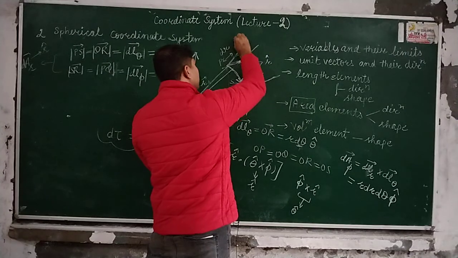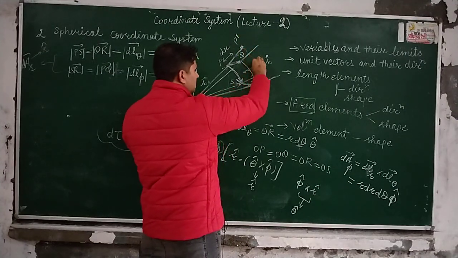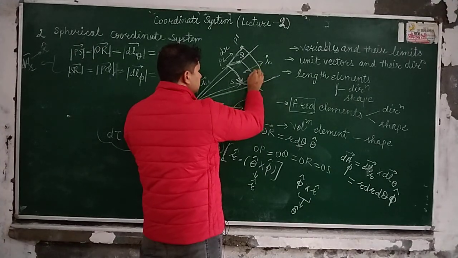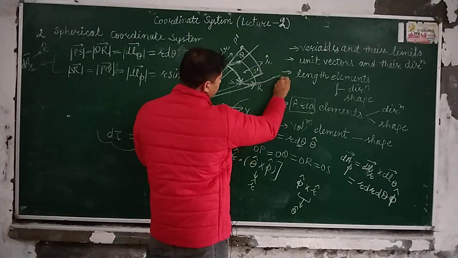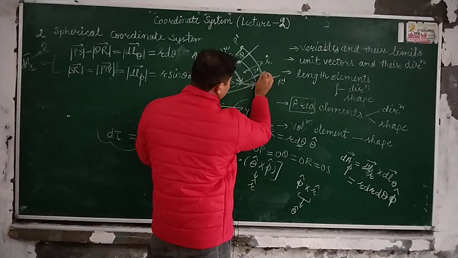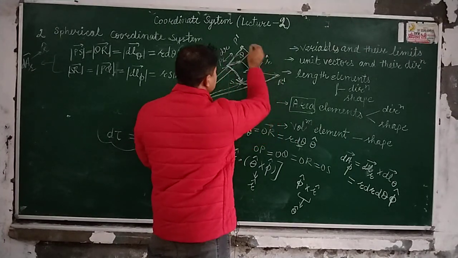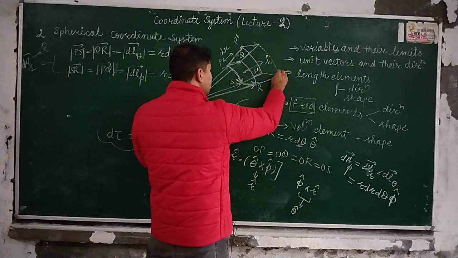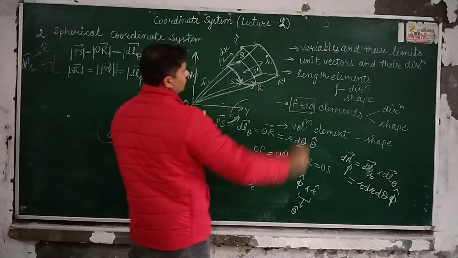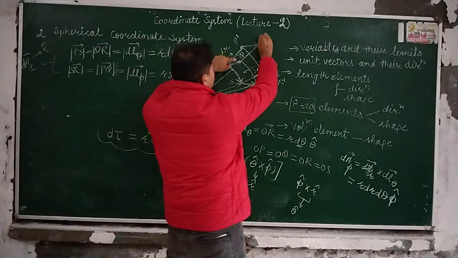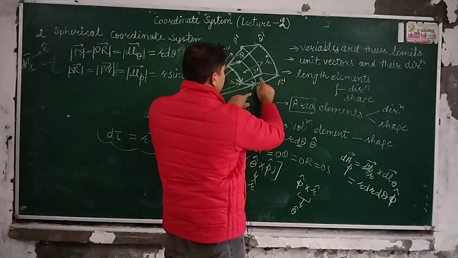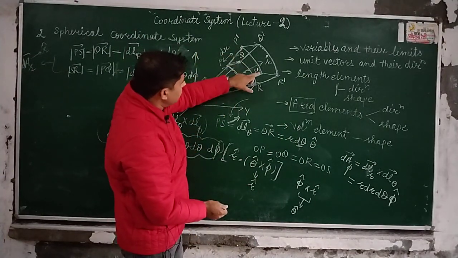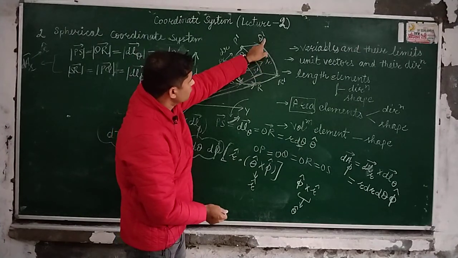then you will get point P dash, here you will get S dash, here you will get R dash, and these are the vectors, and then you have this one. So here this point is Q dash, this is R dash, this is S dash. Here you can see P dash S dash will be equal to Q dash R dash.